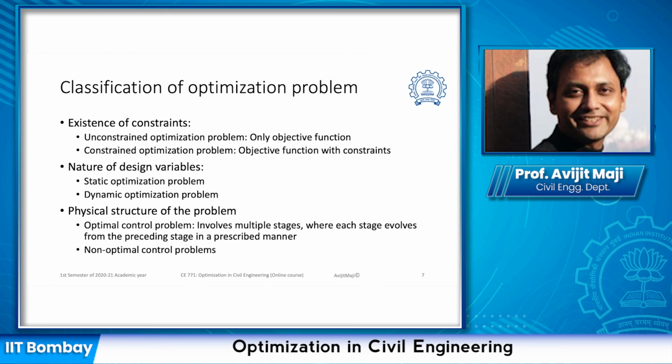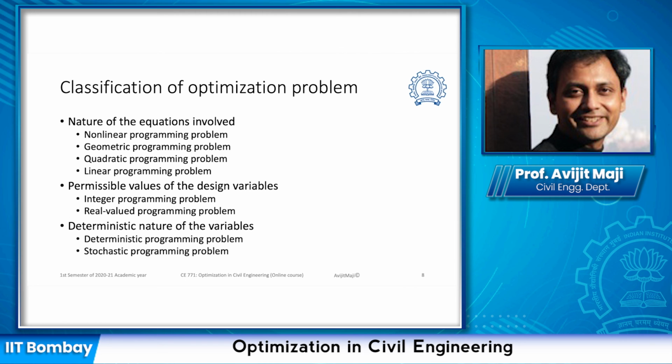Once we identify the corridor that passes through the pre-selected locations, then we can develop the actual alignment or design the alignment within that scope. So that becomes stage 3. If you see in this problem, each stage depends on the previous stage, and this becomes an optimal control problem. If our problem is not of such nature, then it becomes a non-optimal control problem.